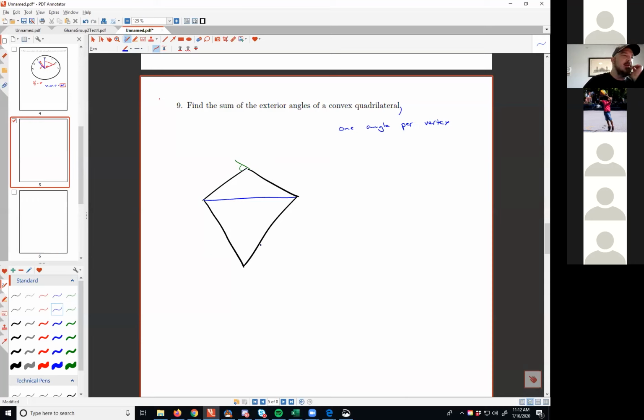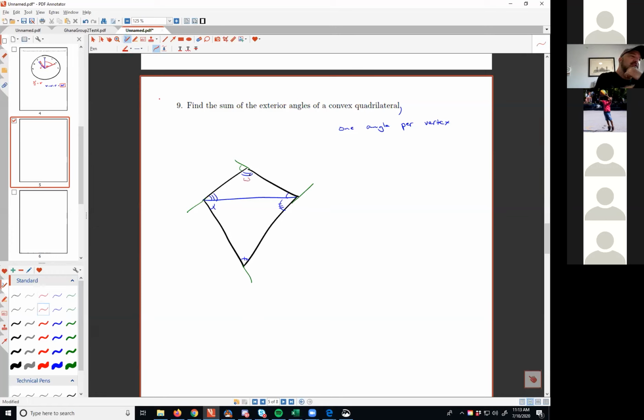And we know that the sum of the angles of those 2 triangles is 360 degrees. And we go, okay, 360 degrees for the interior angles of a quadrilateral.